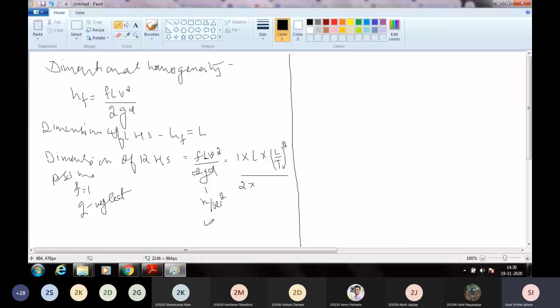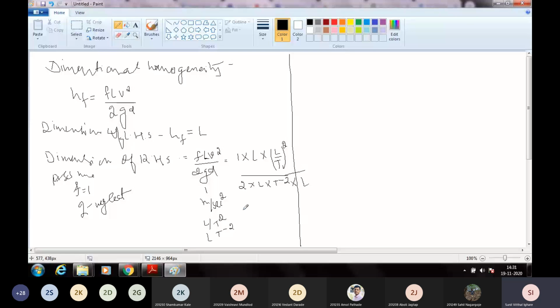So L into T to the power minus 2. This is acceleration due to gravity. We can write L multiplied by T raised to minus 2, multiplied by D. D is the diameter. So diameter we are getting in terms of meters, so that is L.